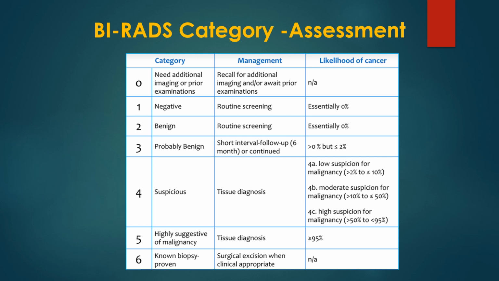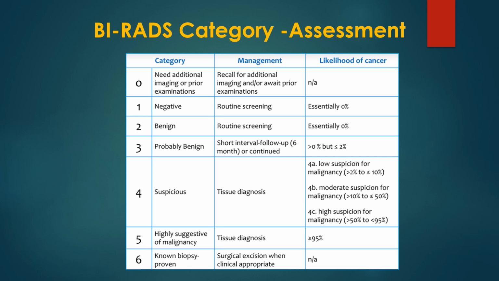And negative means BI-RADS 1, that is there are no lesions. So all these patients can continue with their regular screening program, whereas BI-RADS 2 is definitely a benign lesion and they can continue with the short-term interval or screening as per the decision of the review board.